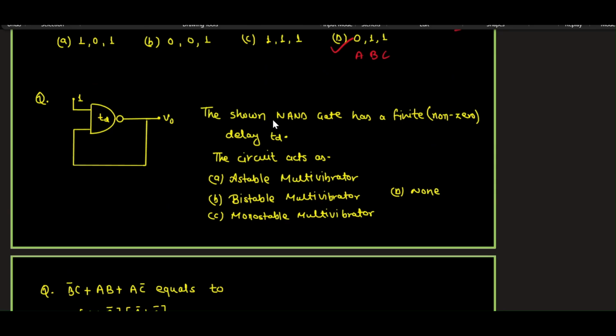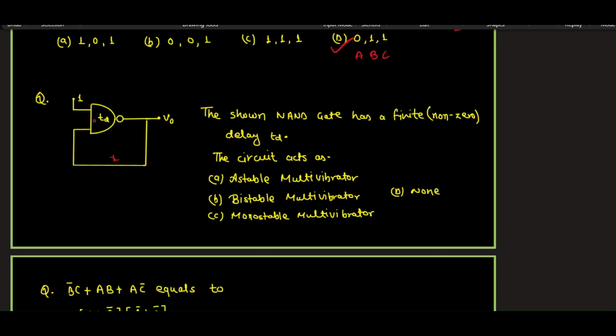The shown NAND gate has a finite non-zero delay TD. The circuit acts as, if you see, 1 is here, and I don't know whatever my input is.